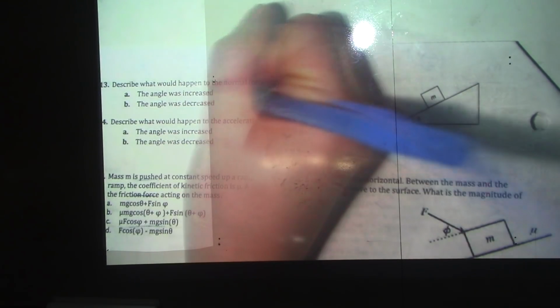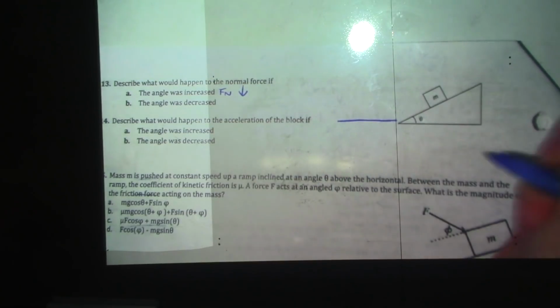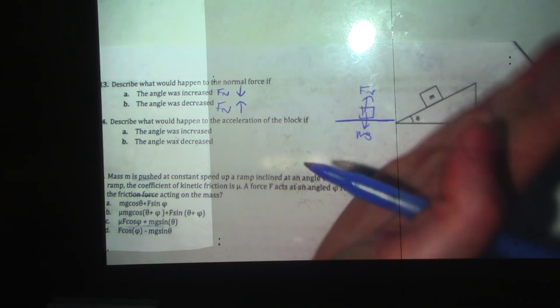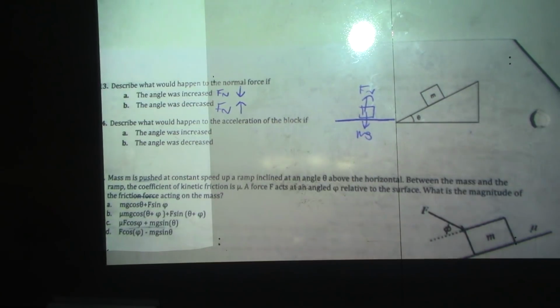So you would say that your Fn would decrease here. If your angle is decreasing, think about the smallest angle you can get, which is when it's flat. In this case, your Fn would just be equal to your mg, and that is going to be increasing then. As I get bigger and bigger angle, I get less and less Fn until it's 0. If I decrease my angle, I get more and more until it's equal to mg.